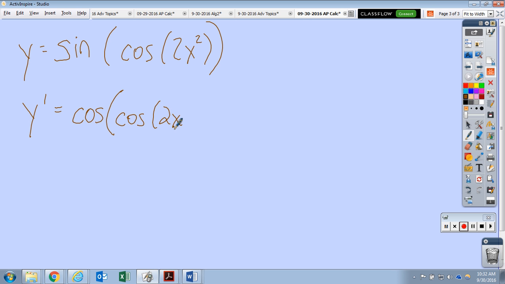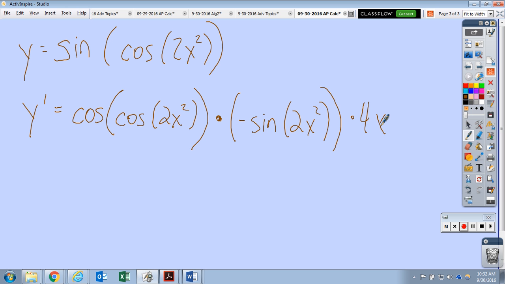Times the derivative of this, which would be negative sine, still leaving the guts alone. So you're working from the outside in, the big picture, and then times the smallest guts, which would be 4x.